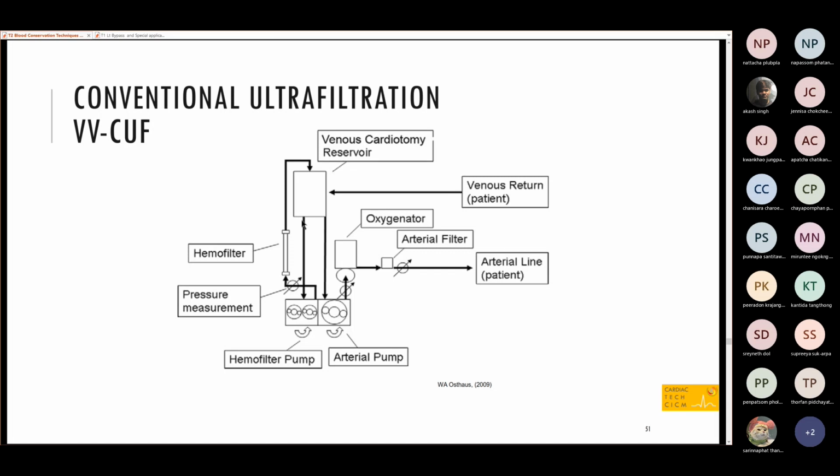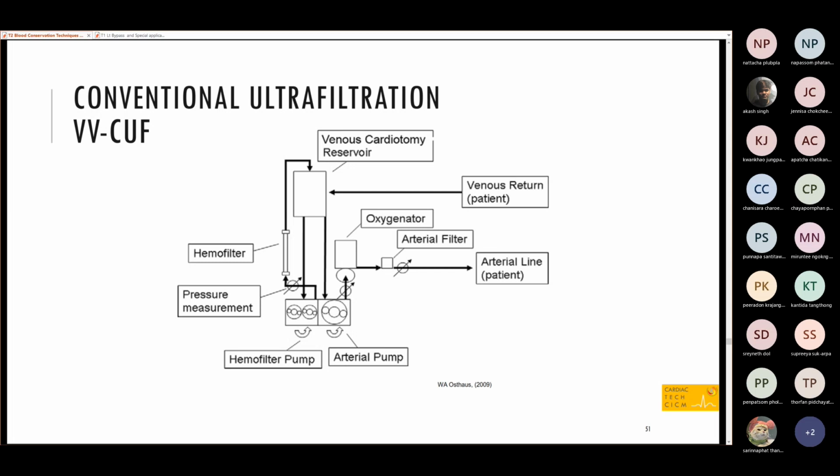So it needs another pump to drive the blood through the hemofilter. So here is the difference between the AV cuff and VV cuff. VV cuff needs an extra pump, but AV cuff does not need the extra pump.